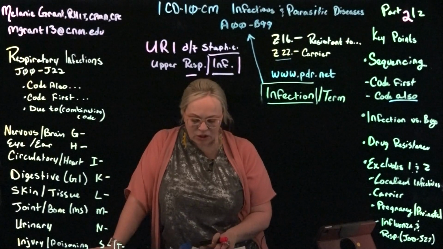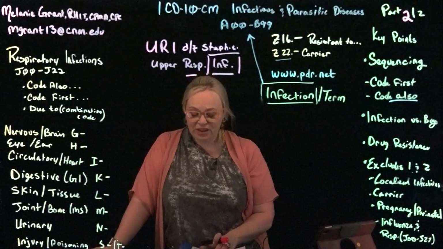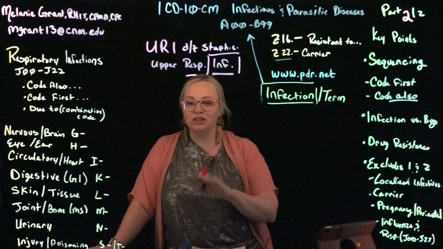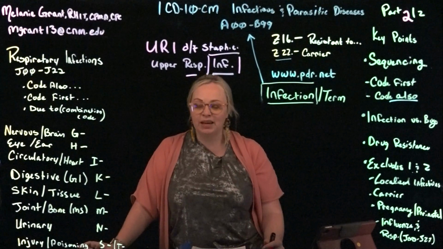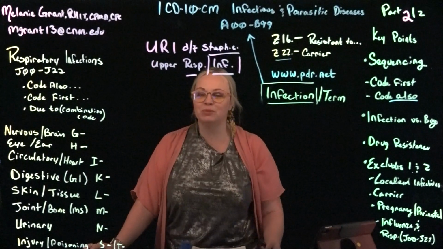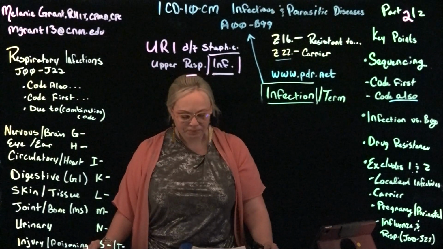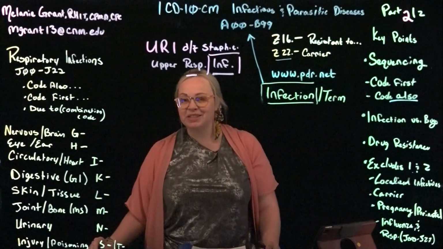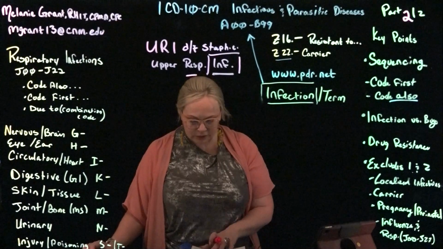I also see the term NEC for not elsewhere classified, meaning that if this particular diagnosis had a different name, like pneumonia, which could be part of the upper respiratory infection, you still want to look for the term directly if it's classified elsewhere.